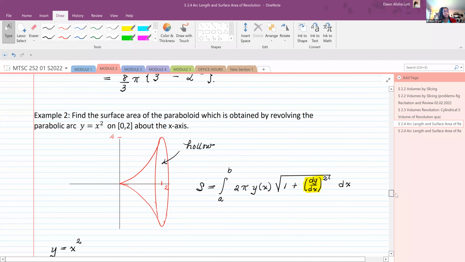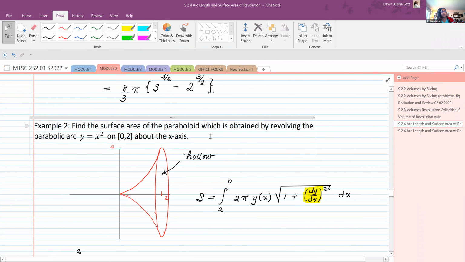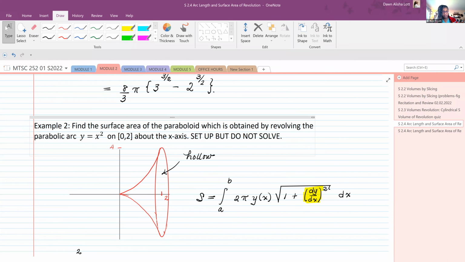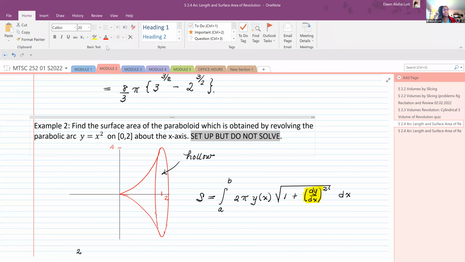So this problem would be, and I guess I'll put it in here now for you, set up, but do not solve. I will not give you anything that will get you to an integral that you don't know how to do, and then leave you hanging to figure out how to do it.